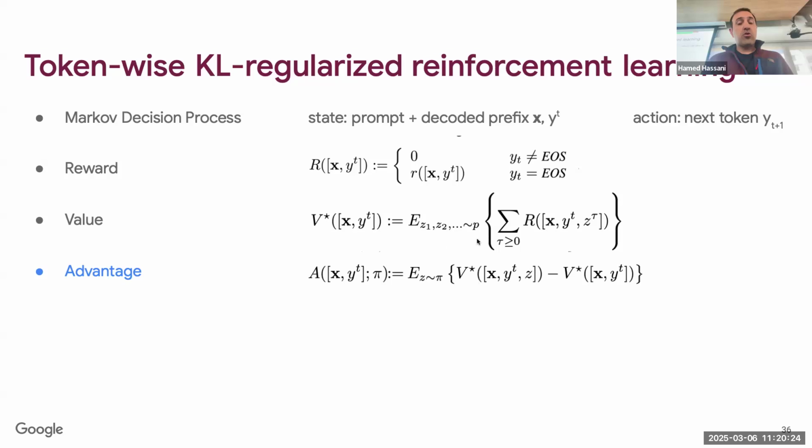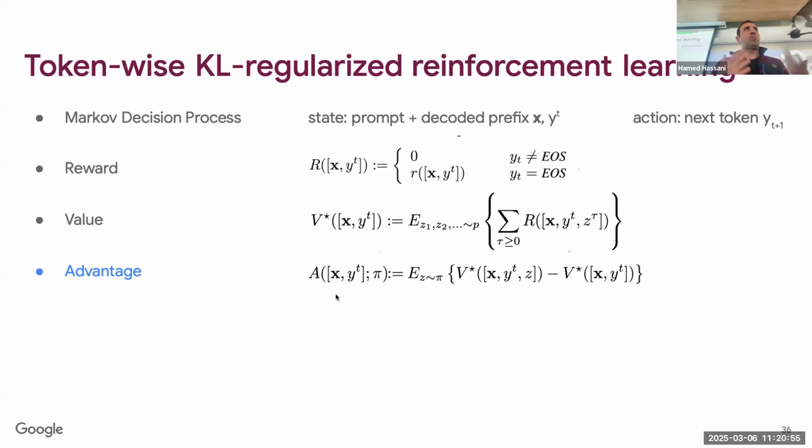I'm drawing z from pi, and then I'm comparing that against if z was drawn from p. So V of x, y_t is just equal to the expectation over z from p of V of x, y_t, and z, right? So this is the law of total probability. So I'm changing my p to pi, and I'm hoping that I will get a higher reward. So I'm hoping that this advantage is going to be positive.